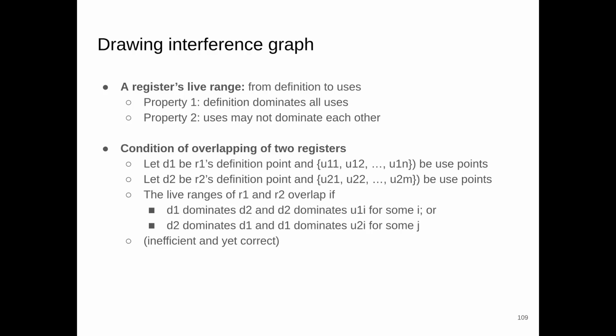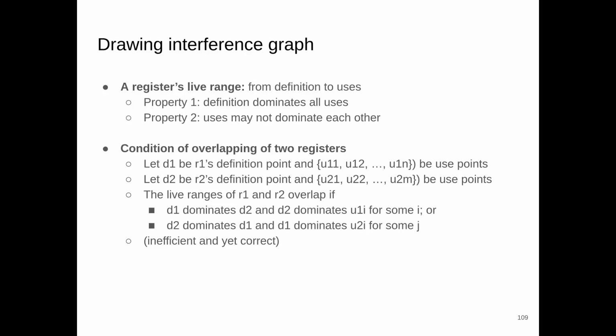Similarly, we have a second register, R2, defined at the definition point D2, and used multiple times in U21, U22, up to U2m. It has only one definition point as dictated by the SSA property, and multiple use points, because a register may be used multiple times. And recall that these uses may not dominate each other. They can just coexist without dominating each other.